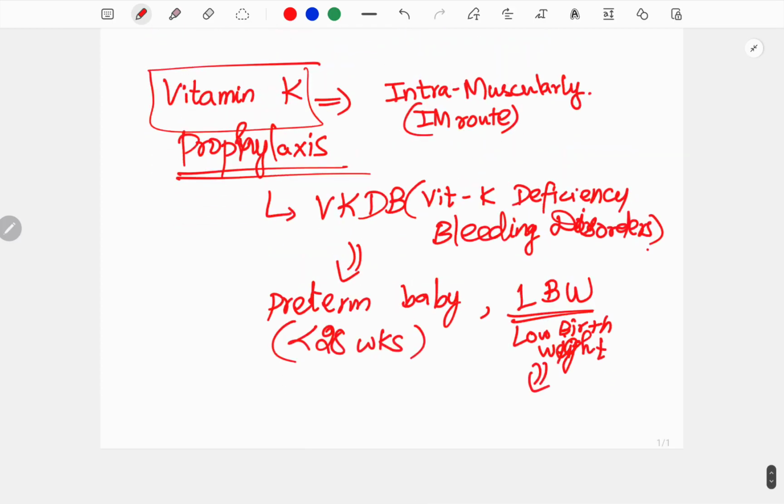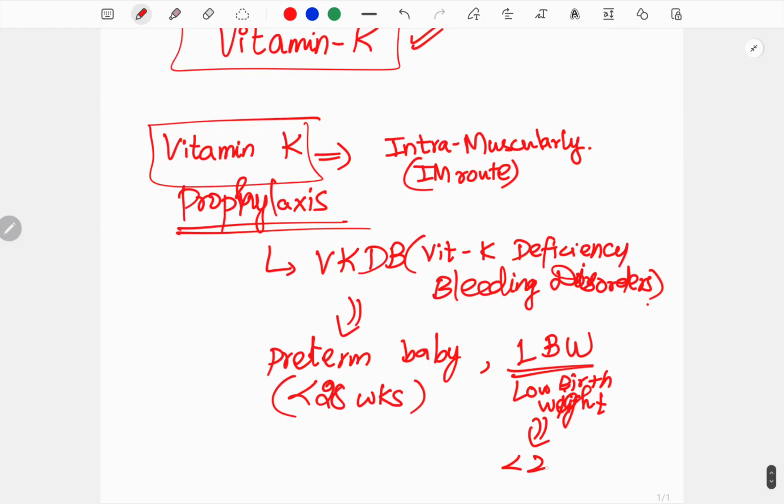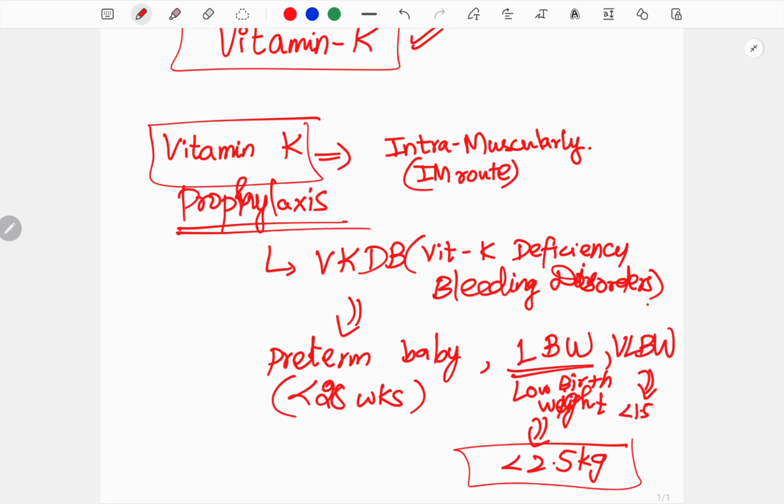Low birth weight means less than 2.5 kilogram, and also for very low birth weight babies, that is less than 1.5 kilogram.